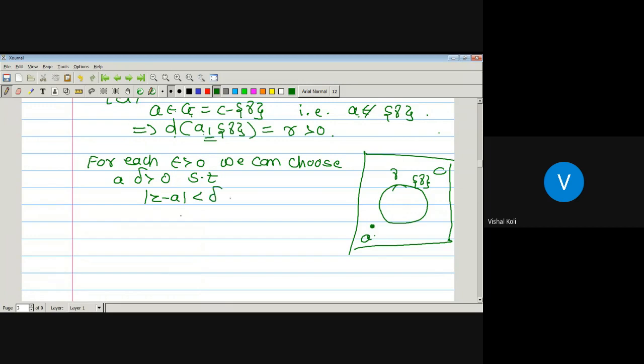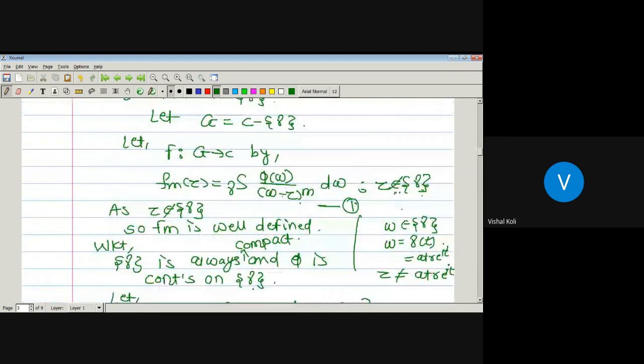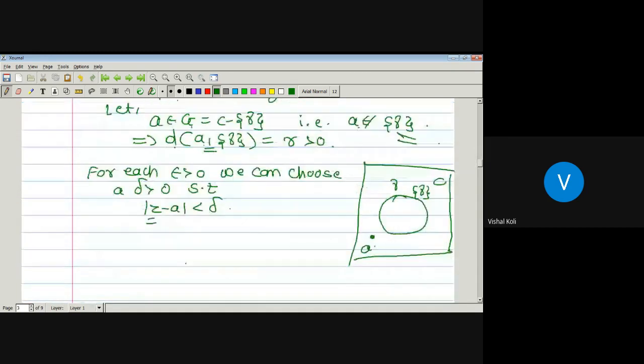Since A is a point not belonging to the trace of gamma, and Z is a point belonging to G, it is also not belonging to the trace of gamma. Therefore Z and A both are points not belonging to the trace of gamma, and the distance between A and the trace of gamma will be r. Then the distance between these 2 points must be less than delta, where this delta we can choose as a small quantity. So here we will take some r by 2.